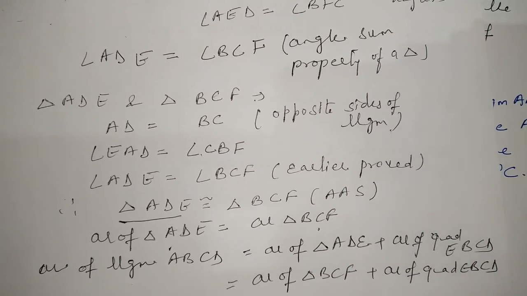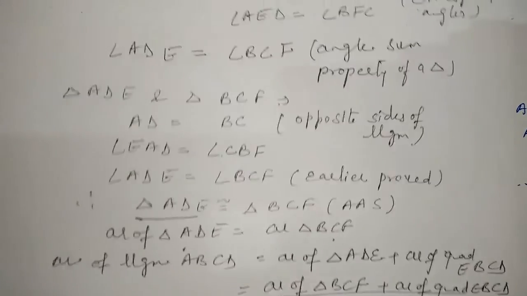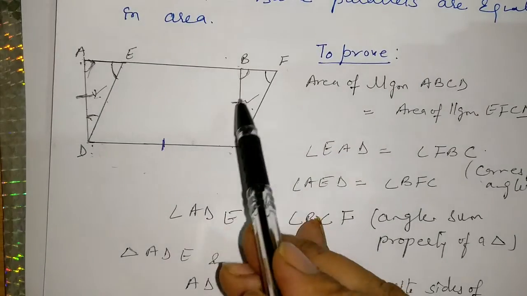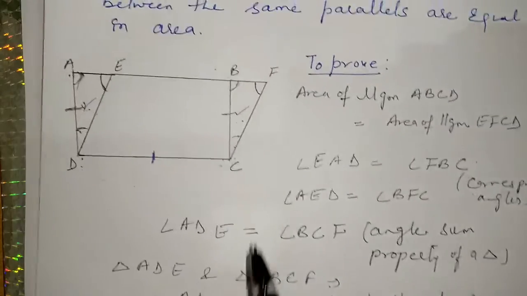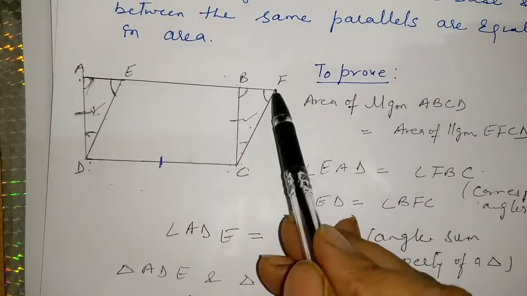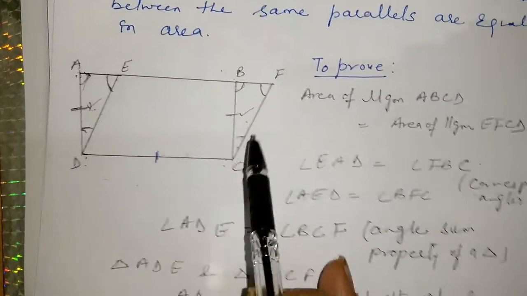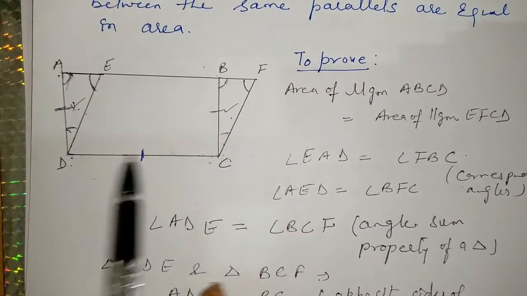Now if you see the total sum, that is BCF plus EBCD, this becomes parallelogram EFCD.